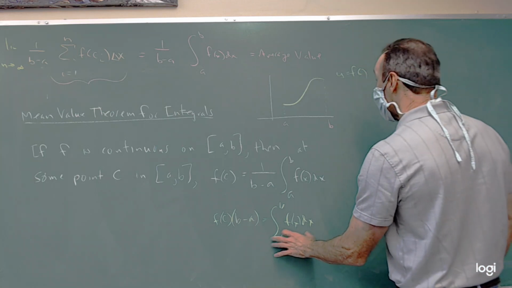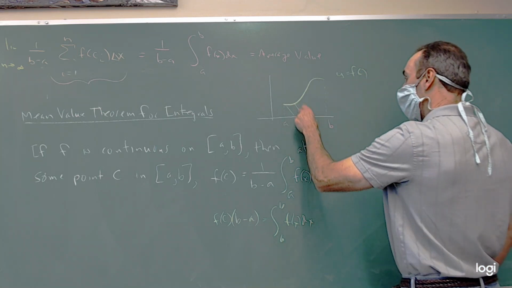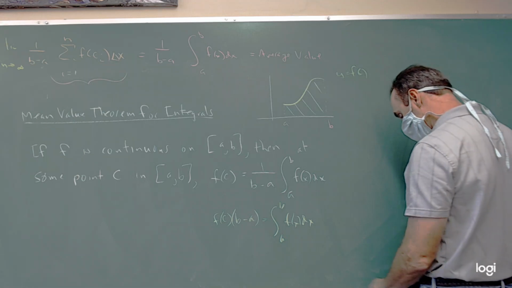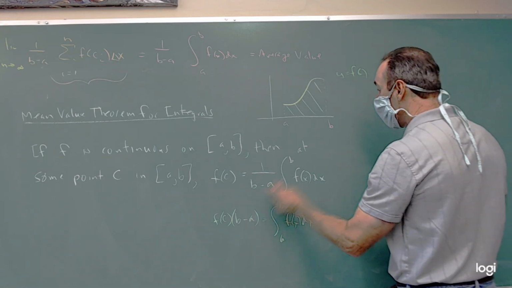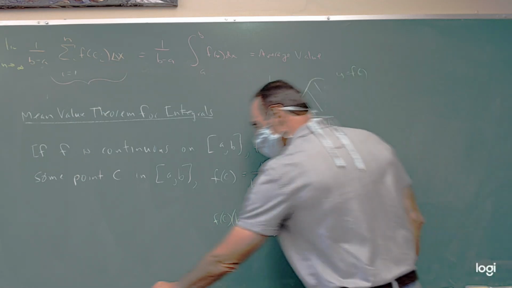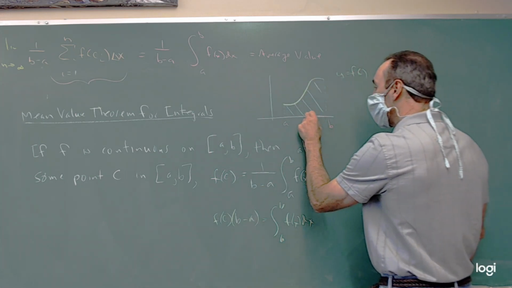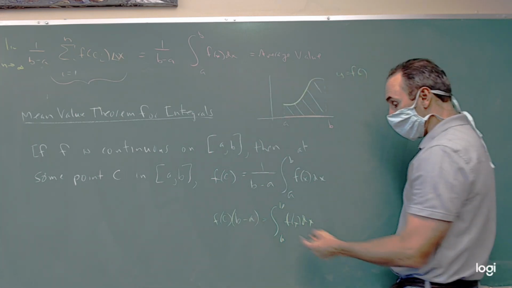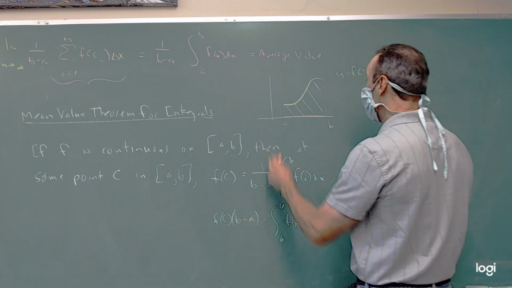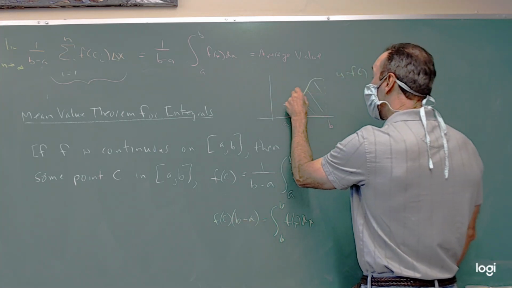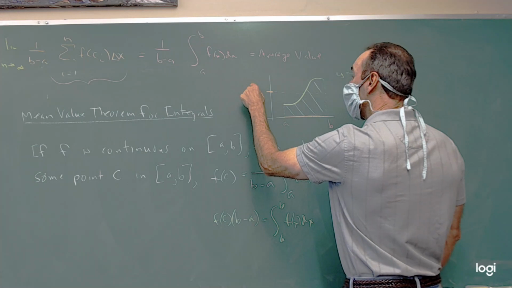Which means this, which is that area between the curve and the x-axis, must equal, here's the b minus a is this length right here, times f of c, which is, I don't know, somewhere in here is our f of c.